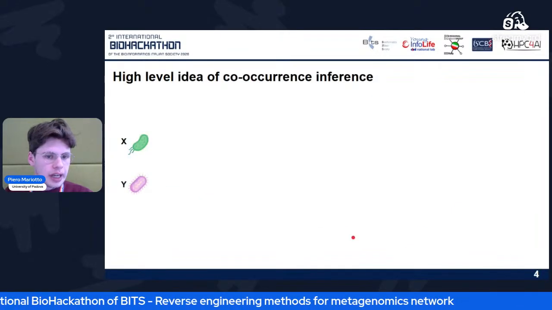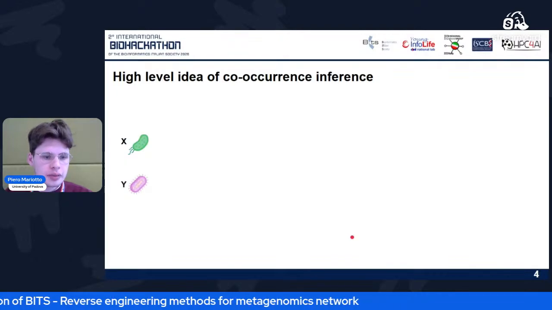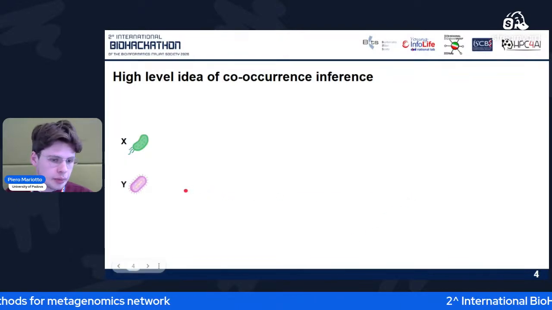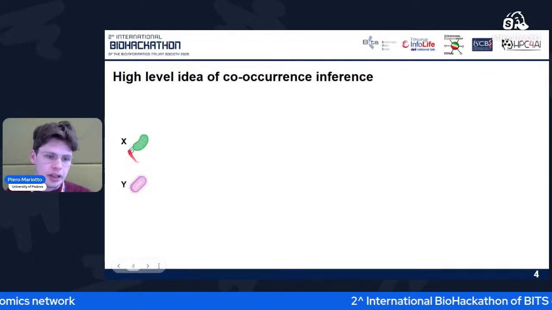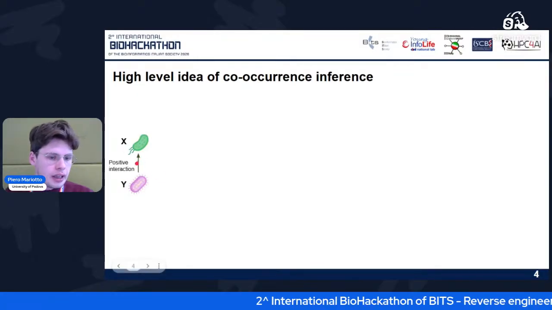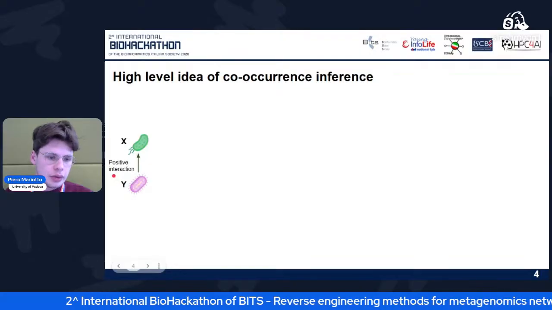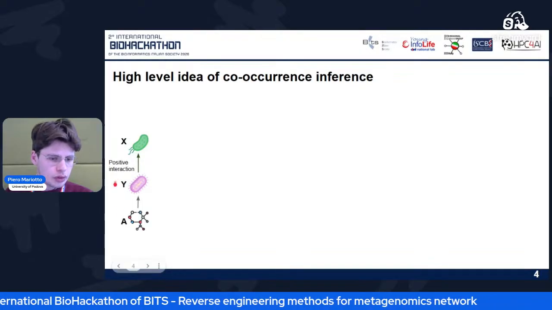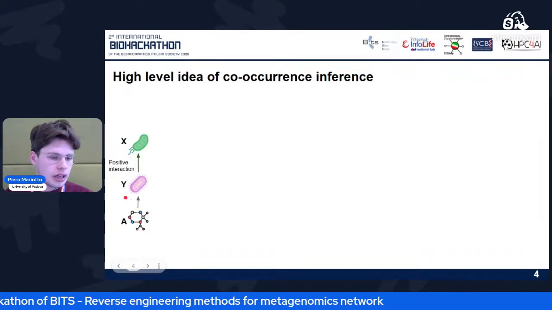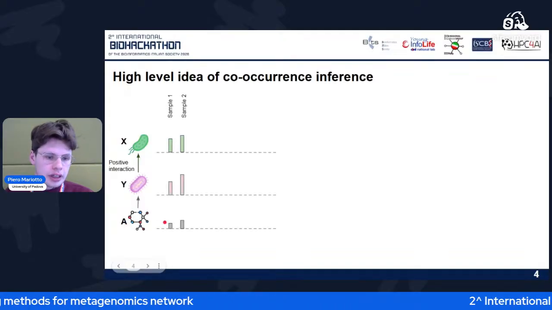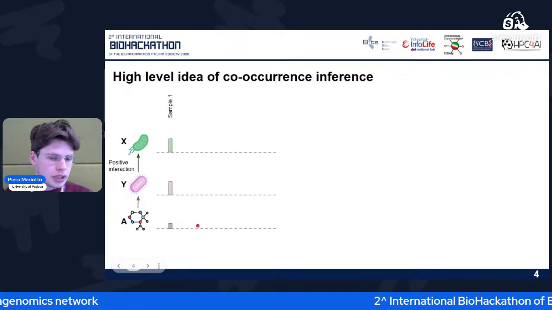So at a very high level, how do these inference procedures work? Let's think of a simple mock example where we have two species, X and Y, and we know that Y positively interacts with X, and we also know that Y feeds off an unknown resource that we can call A. Then you can take a look at one observation of this community.